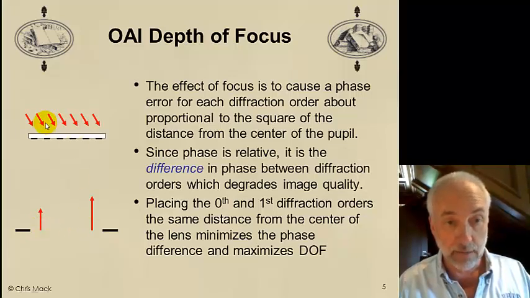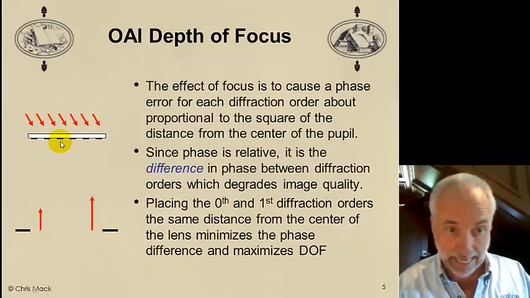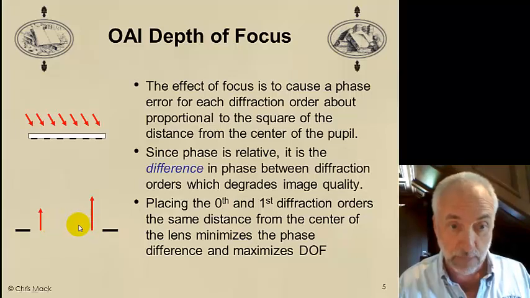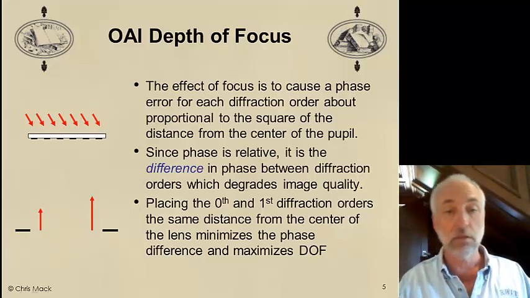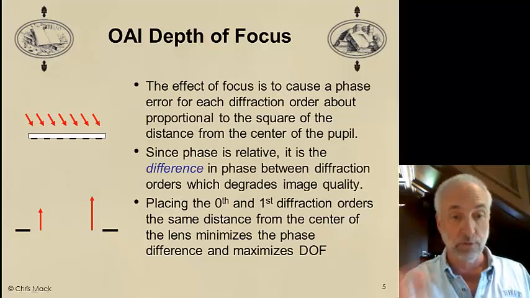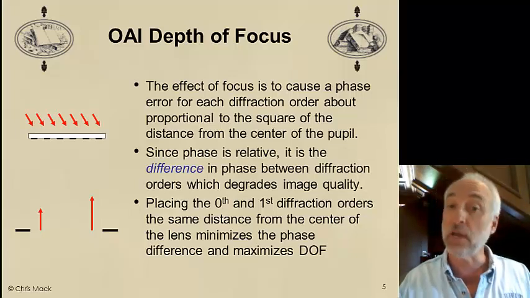So if I tilt at a particular angle and I print with a particular pitch, I can adjust the position of the zero and first order to be an equal distance about the center of the lens. Now, suppose I do that. The first order and zero order are the same distance from the center.